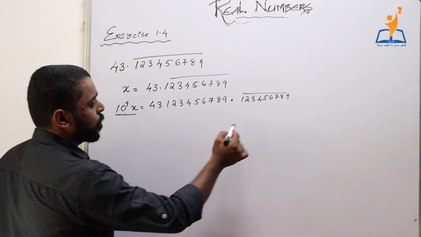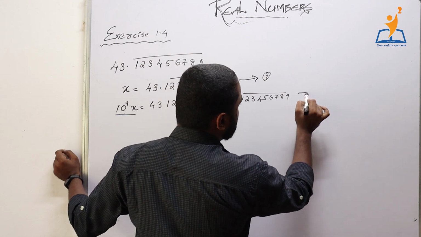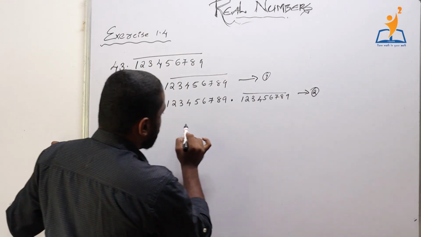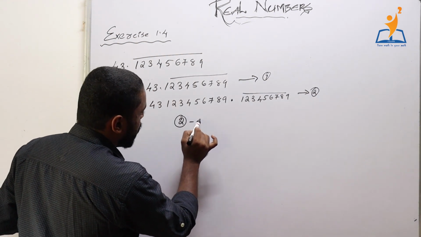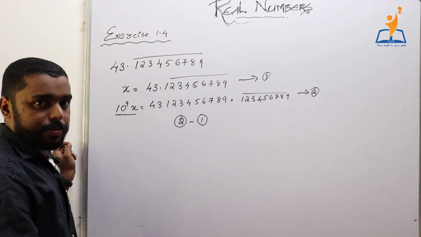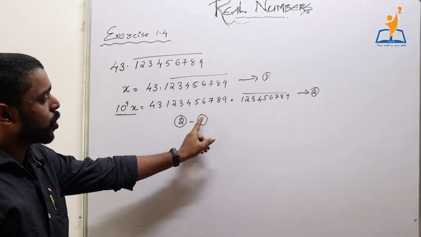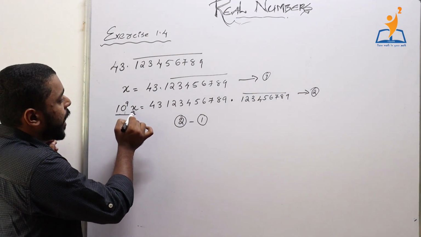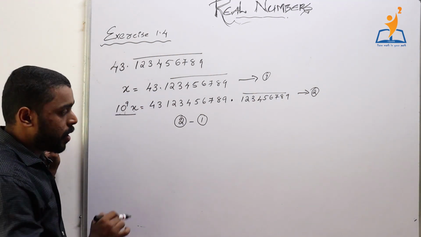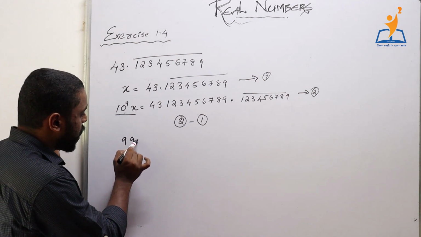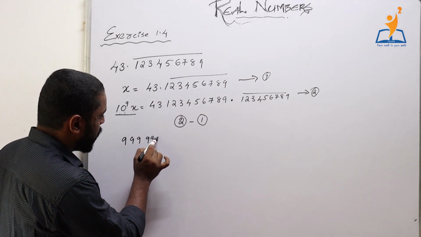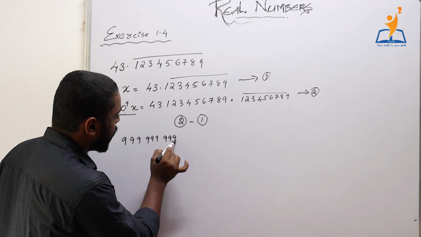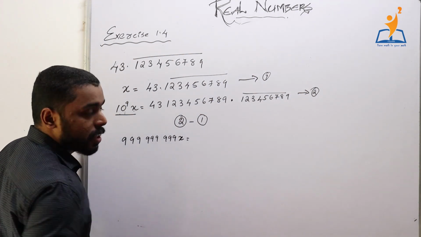Now this is equation number 1 and this is equation number 2. Equation number 2 minus equation number 1. What will we get? 10 raised to 9 x minus x will be 999x. Is it true?